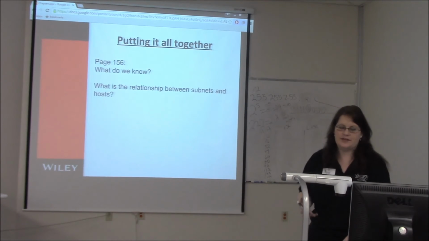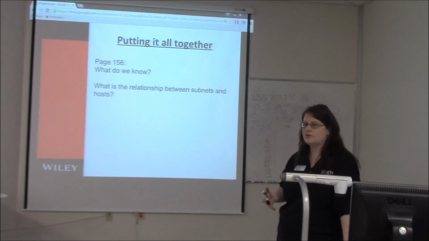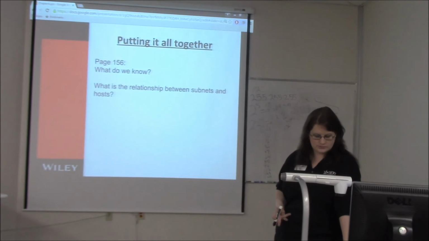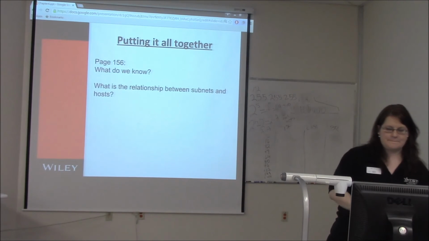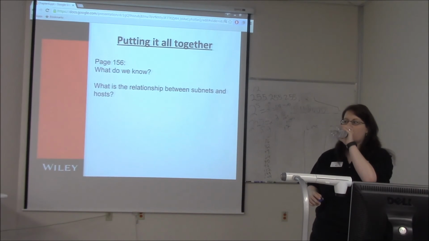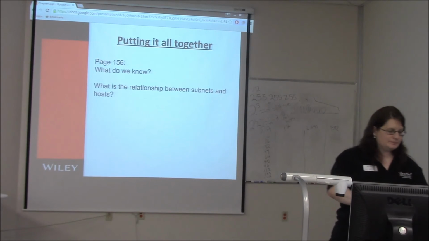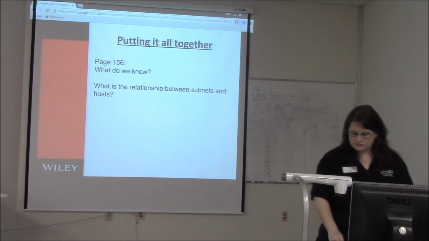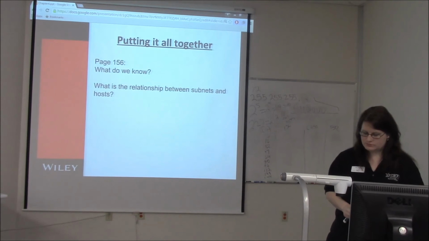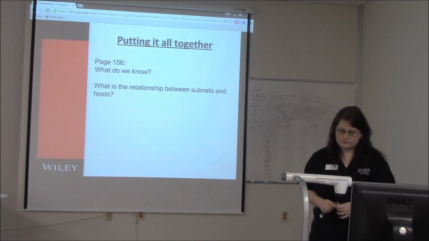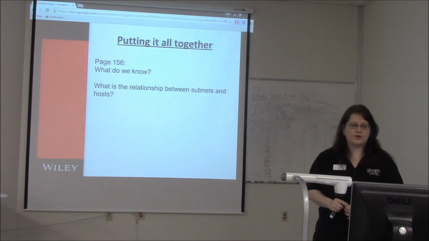So what can you tell me about the relationship between subnets and hosts? The more subnets, the fewer hosts.